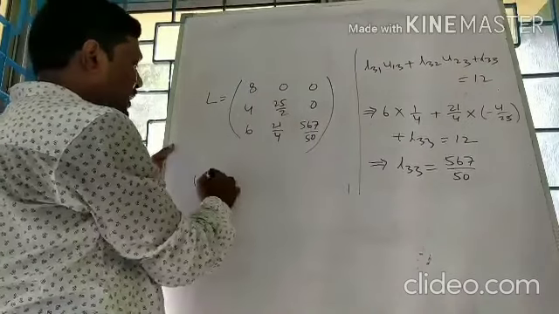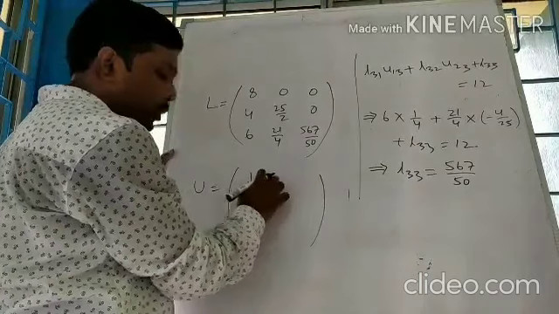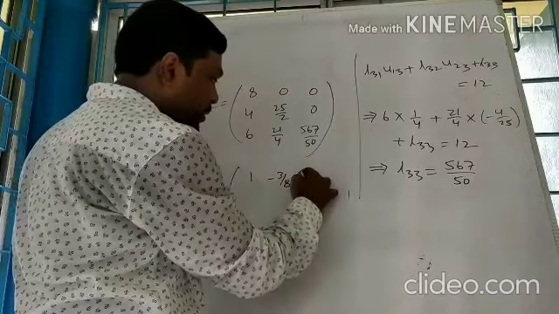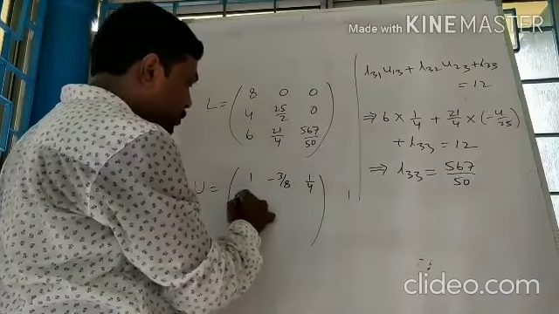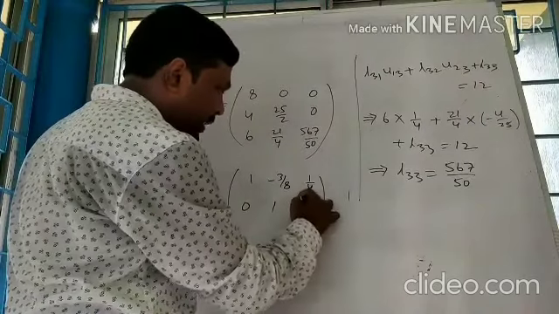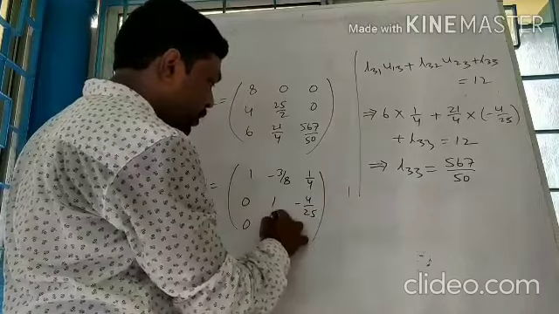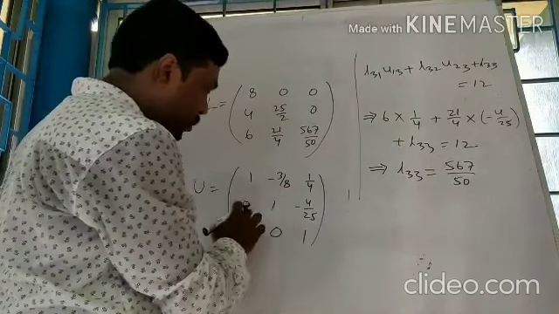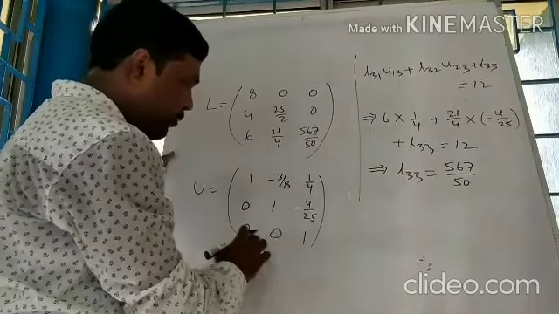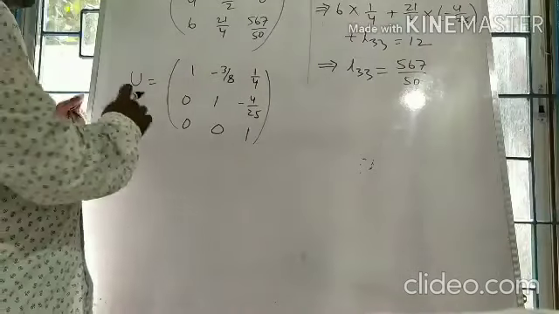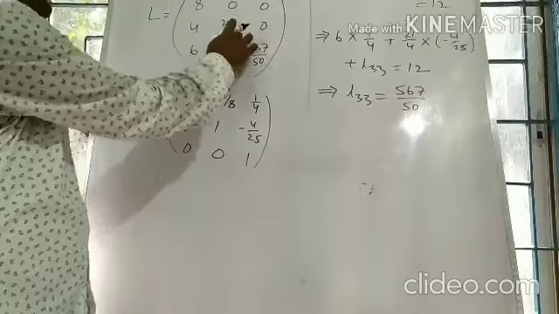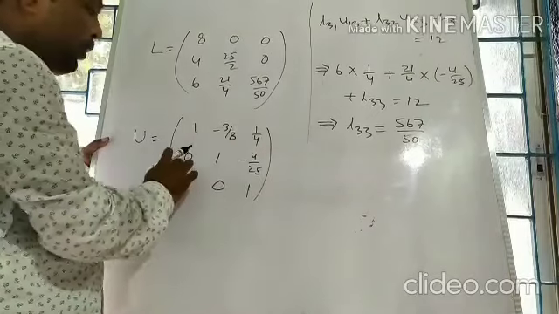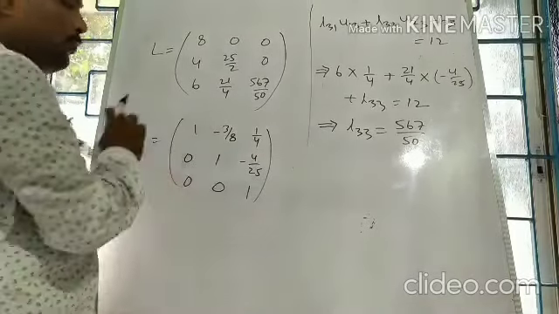Now U is the upper triangular matrix: 1, minus 3 by 8, 1 by 4, 0 1 minus 4 by 25, 0 0 1. This is U.